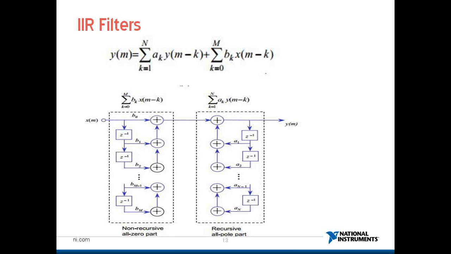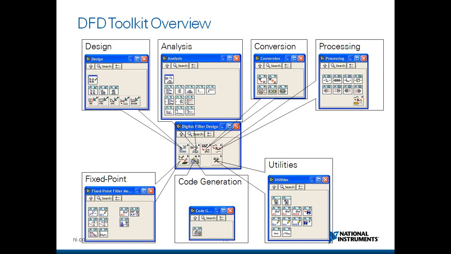Now, all of these filter designs and functions are allowed on LabVIEW through the Digital Filter Design Toolkit. Now, the Digital Filter Design Toolkit is an add-on. So for all of you who have the existing versions of LabVIEW, the licensed versions, or the evaluation versions, this Digital Filter Design Toolkit might not appear in your signal processing palette.